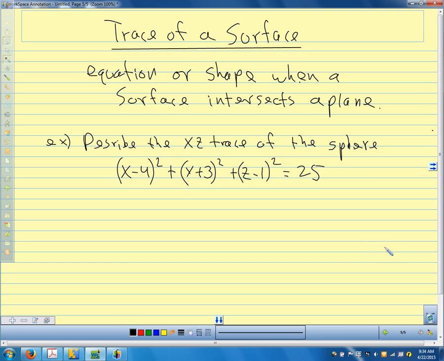That's what the XZ trace means. So what do we know? What's true in the XZ plane? y equals 0.